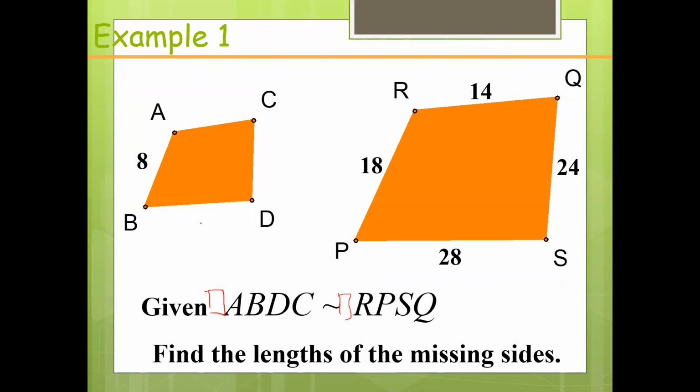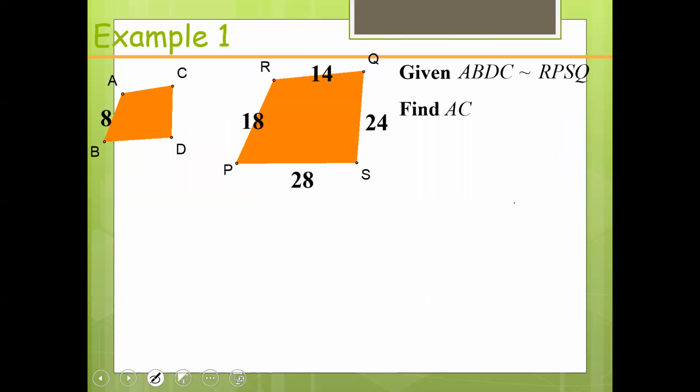There are three missing here: AC or CA, BD, and DC or CD. But PQRS is complete. And we know that these two are similar. So let's try to find AC.